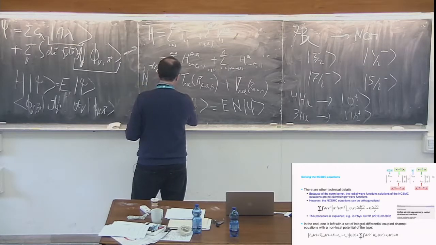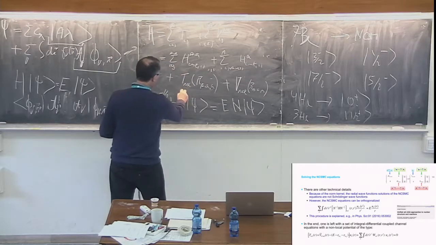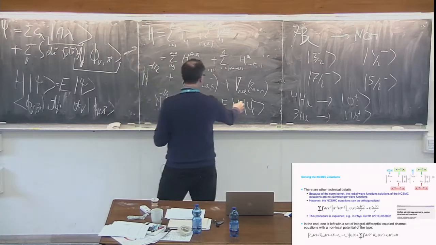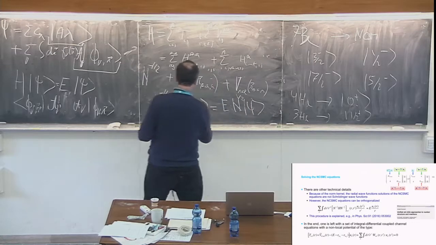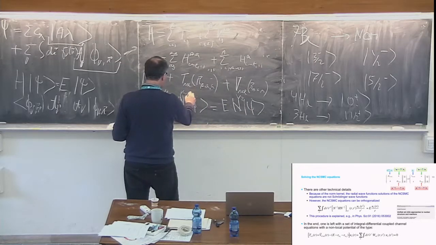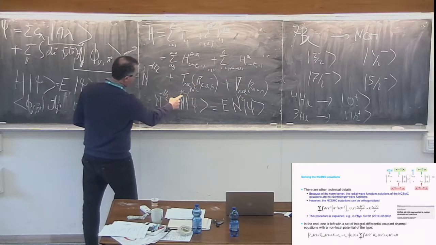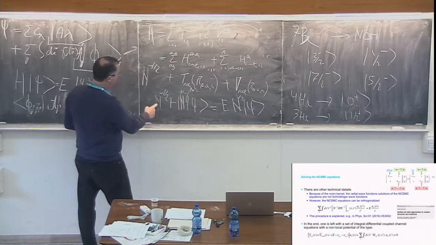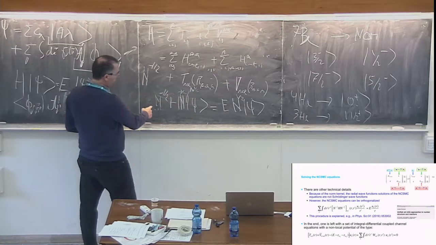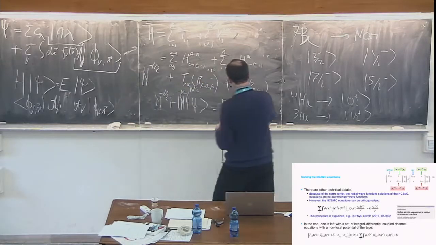Here I will get N to the plus 1/2, and here I will get N to the plus 1/2 and N to the minus 1/2. So I put here 1, N to the minus 1/2 times N to the plus 1/2, and here I have N to the minus 1/2 from the left, and so here I will have N to the plus 1/2.